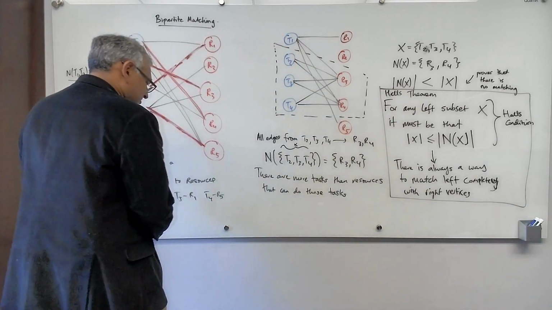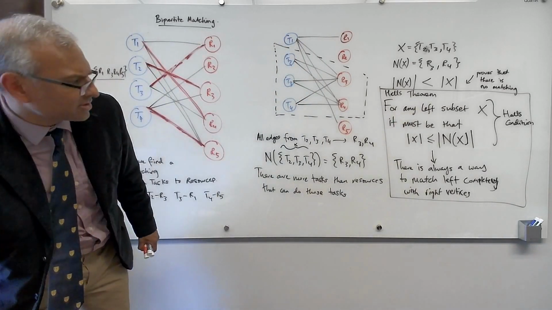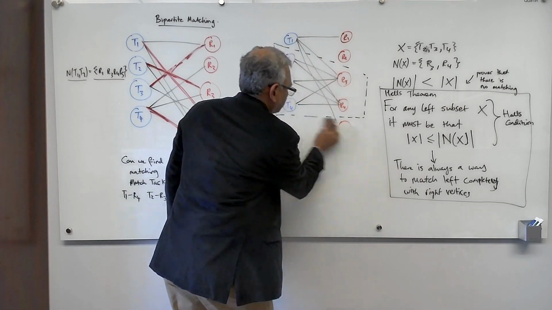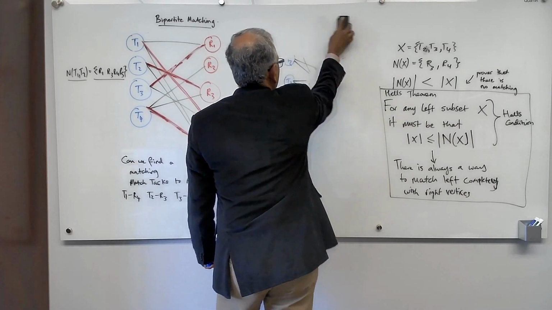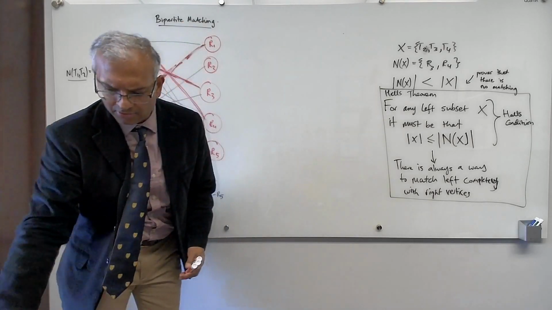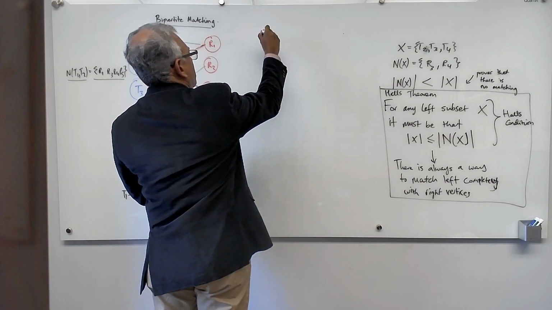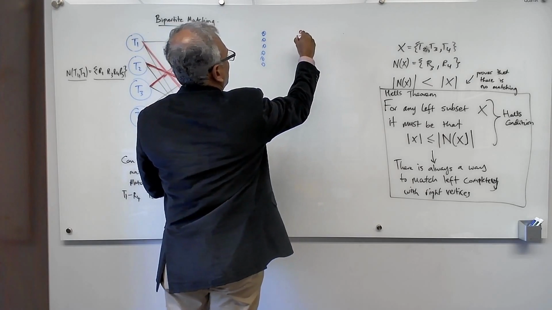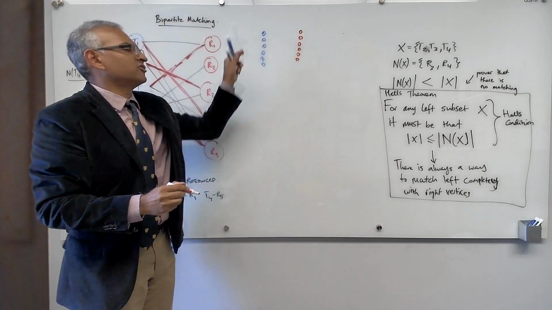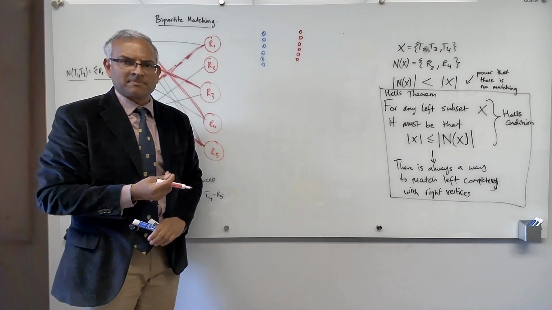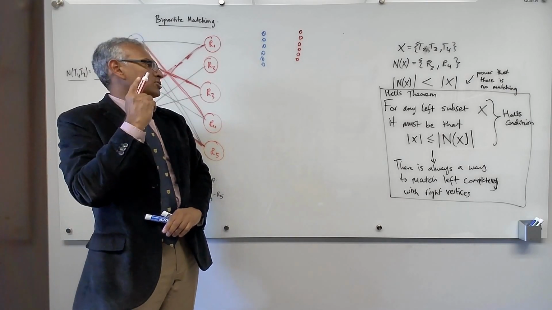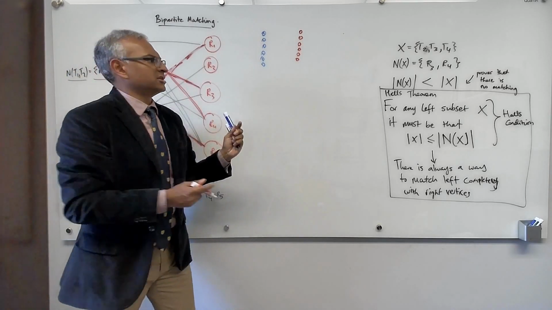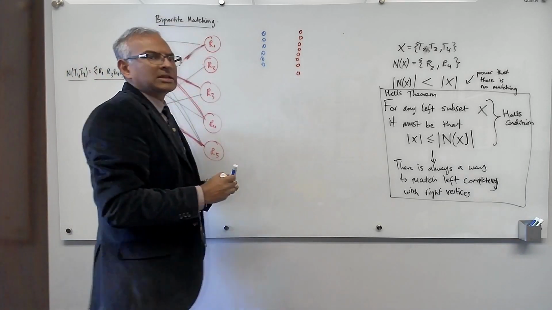Basically, when you look at your left vertices and your right vertices, quick question: can there be fewer right vertices than left if you want a complete matching? Pause, 1, 2, answer. If you said no, then you're right, because the subset of all the left vertices will violate Hall's condition. So there have to be at least as many right vertices.